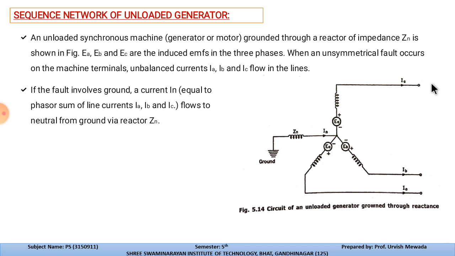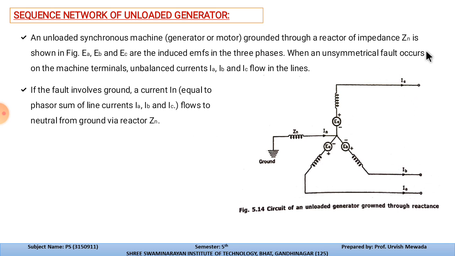Whenever unbalancing occurs, the values of the currents will change according to the elements connected to each of the lines and according to their impedance values, whenever the unsymmetrical fault occurs in this transmission system.